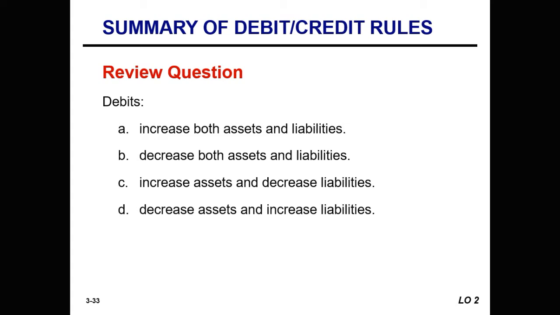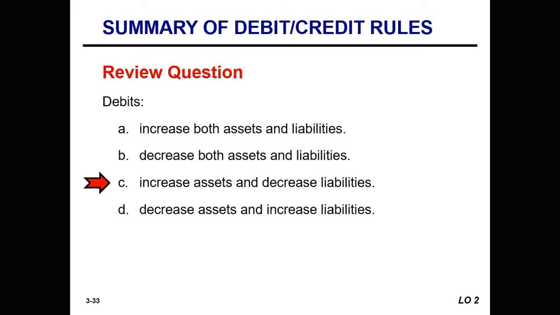Why don't you just take a second and think about the hand sign. What increases with what? And if it increases with a debit, then it will decrease with a credit, and vice versa. So C, it increases assets and decreases liabilities.